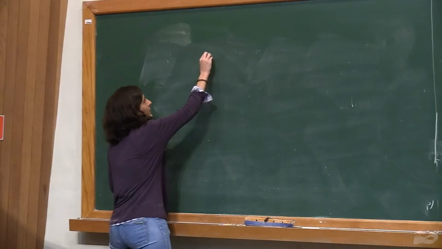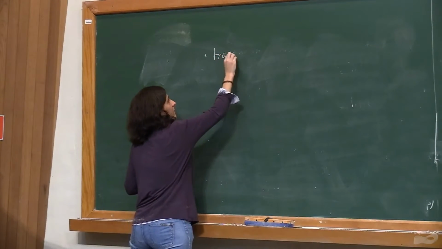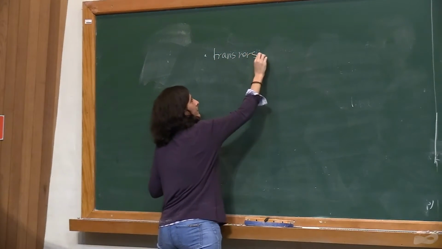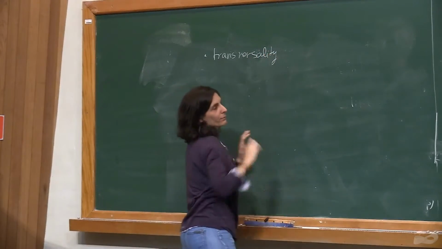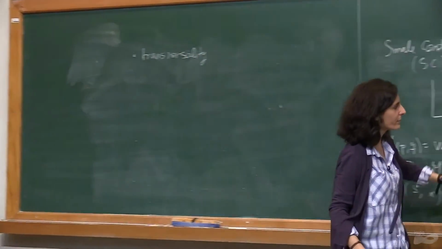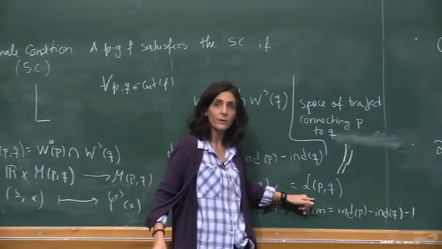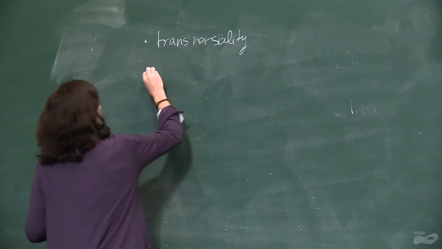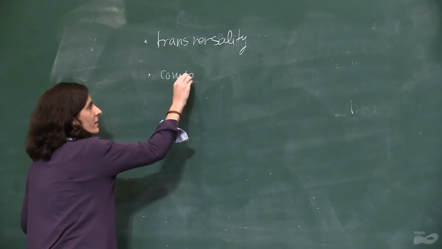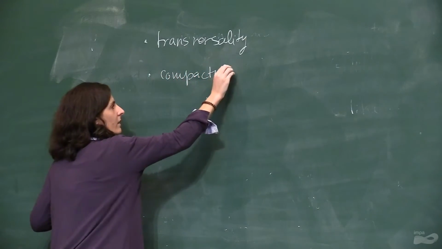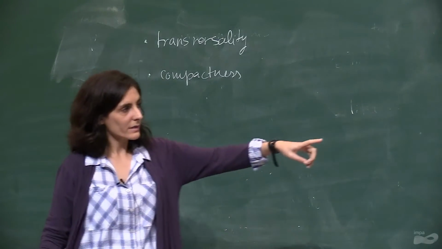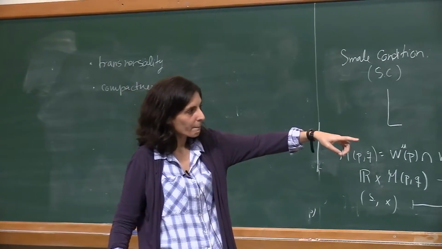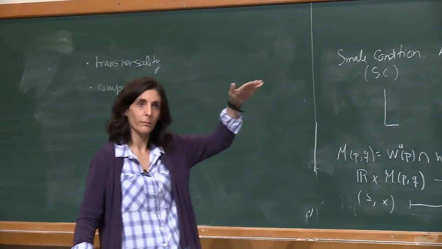One thing we needed was transversality, given here by the Smale condition, just in order to define the space of trajectories LPQ. We needed the compactness of that space, LPQ bar.